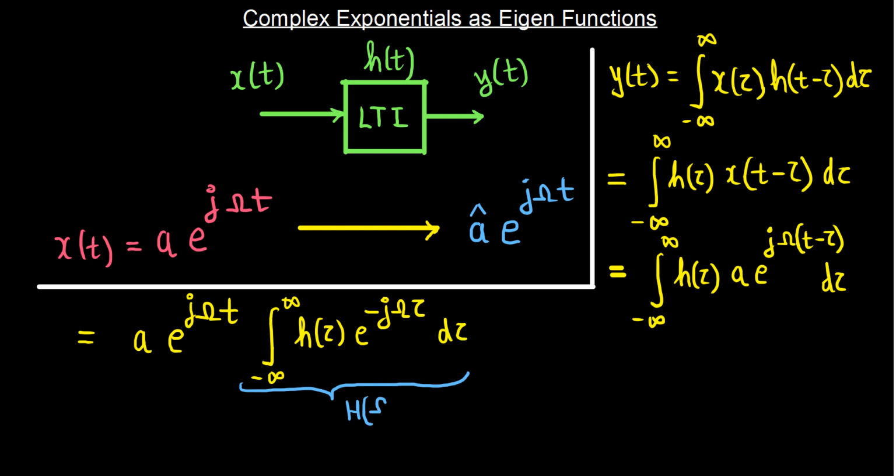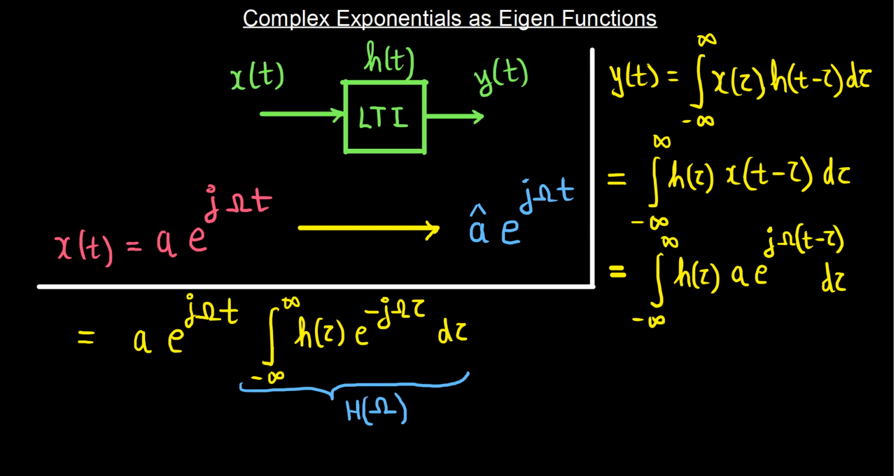After evaluation it is going to be a function of omega, because after this integration h of tau is going to be replaced by the limits of the integration, and whatever that may be is to be evaluated at this particular omega. So let this be denoted by capital H of omega.